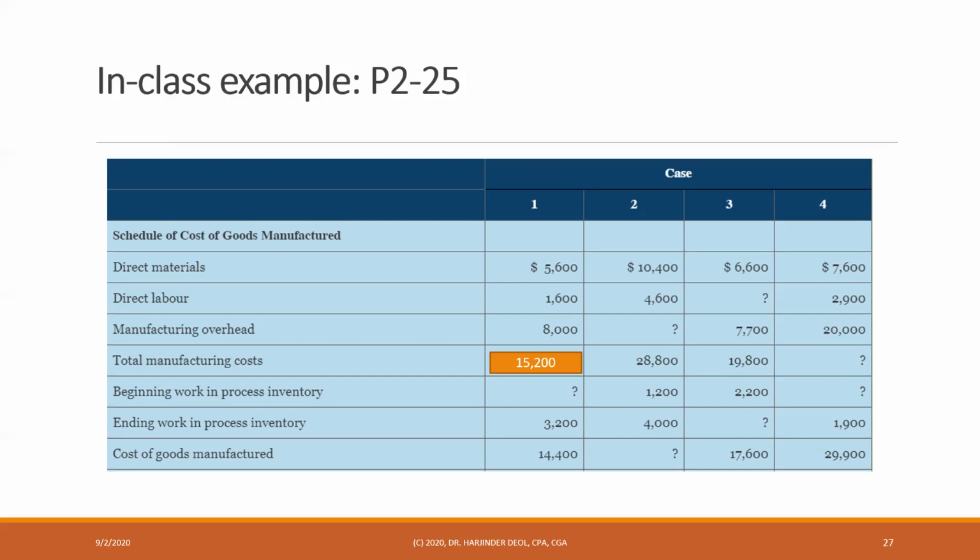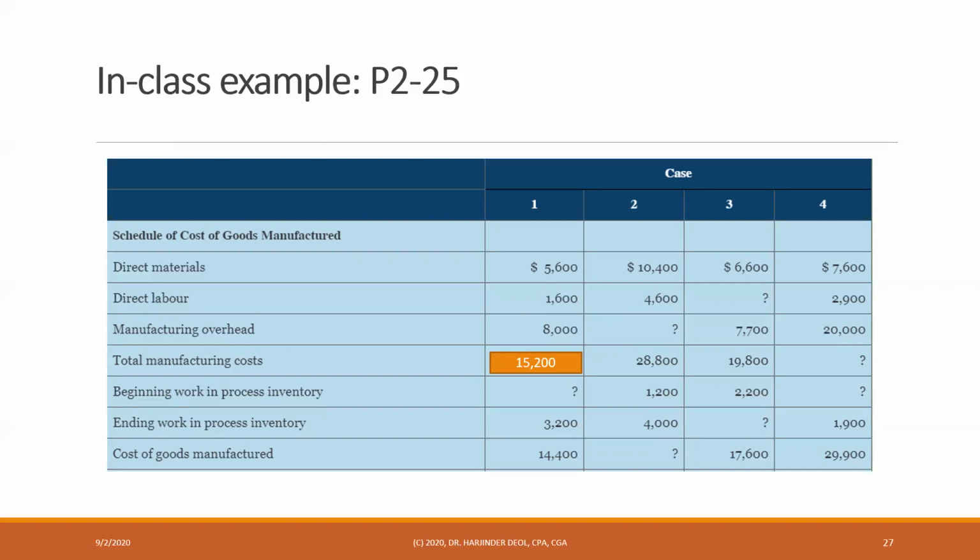But whatever that beginning work in process number was, added to 15,200 and subtracting the ending work in process inventory of $3,200 gave us cost of goods manufactured of 14,400.